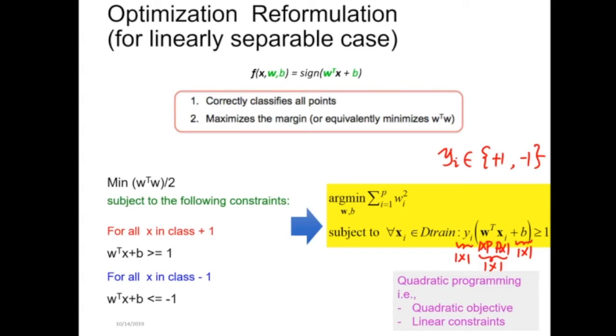If I want to change x to phi of x, it looks like the only strategy I can use is to replace the x here with phi, because that's the only place x is even used. So the only strategy is to change x_i to phi of x_i. This is the training, because I want to optimize to get W and B, right? That's the stage of training to fit the parameters.